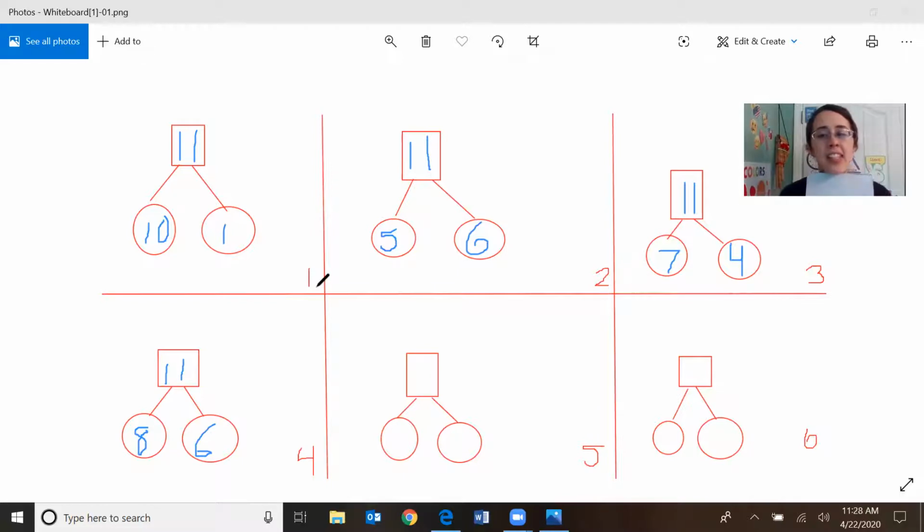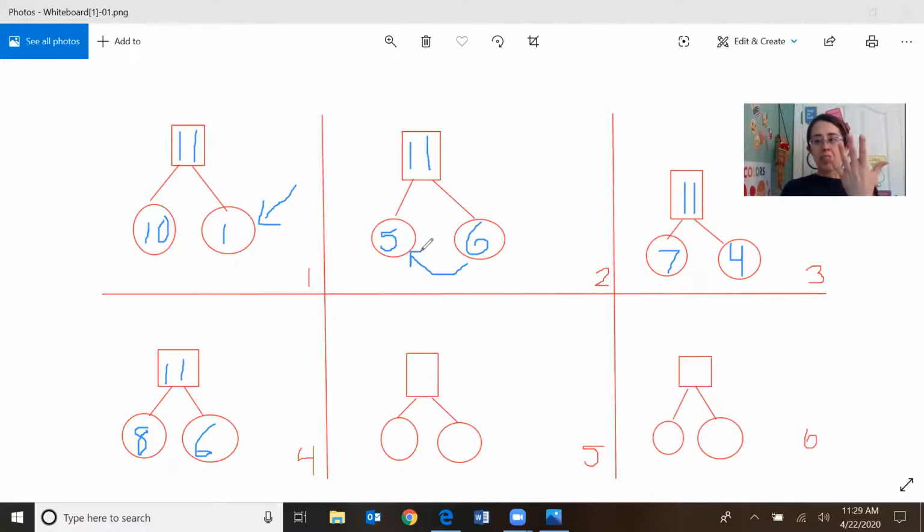Well, the 2 parts always need to equal the whole. Does 10 plus 1 more give me 11? Yep. What about 6 and 5? I will use my counting on strategy and make sure that 6 plus 5 gives me 11.